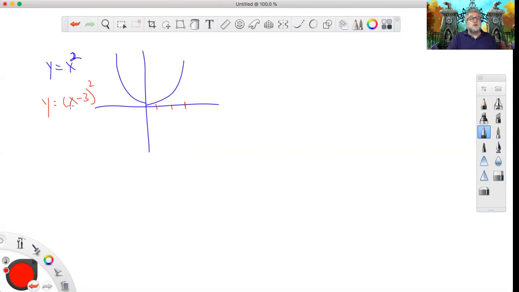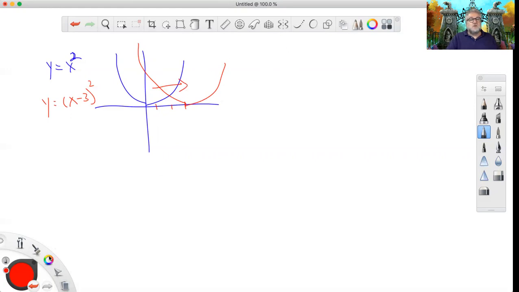And when I put in 4, 4 minus 3 is 1, it's going to give me the same thing that happened at 1. So what this does is it creates a shifted function that's identical, just shifted horizontally in the positive direction.